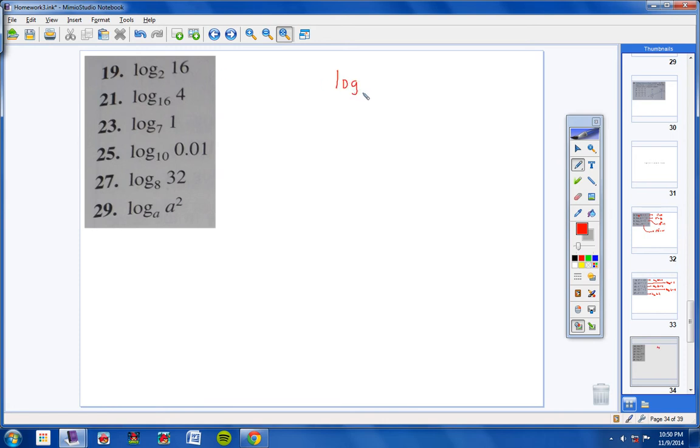Log base 2 of 16 equals x. Okay, let's go ahead and write this exponentially. So it would look like this. 2 to the x equals 16. Next, we try to write both sides so that they have the same base.